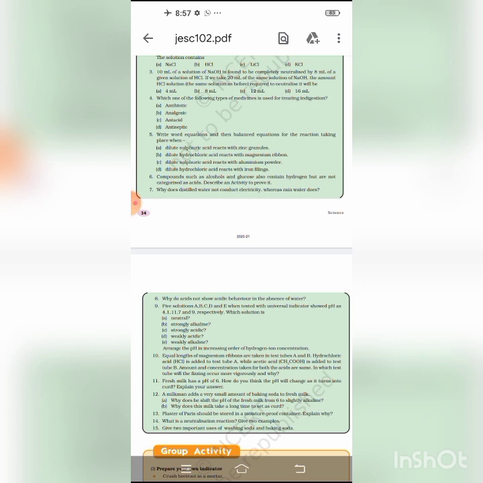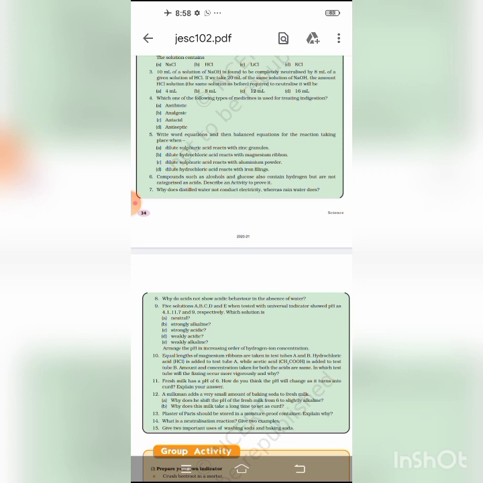Now student, question number 5. Write word equations and then balance equations for the reactions taking place when dilute sulfuric acid reacts with zinc granules. That is, sulfuric acid plus zinc gives zinc sulfate and hydrogen.